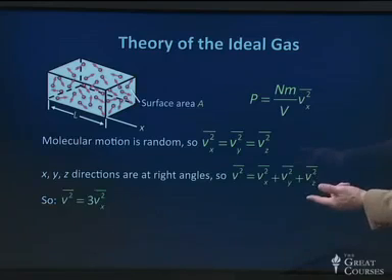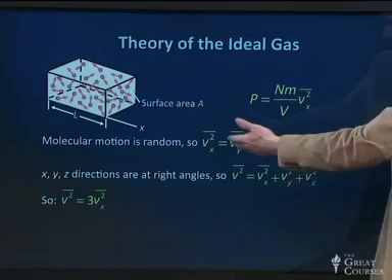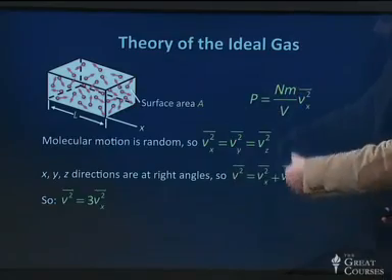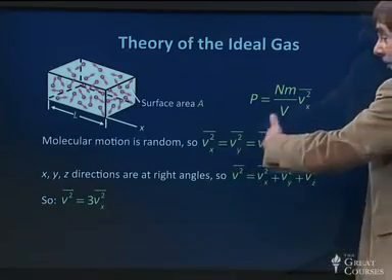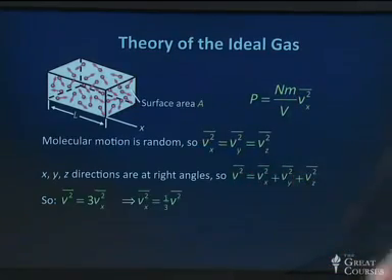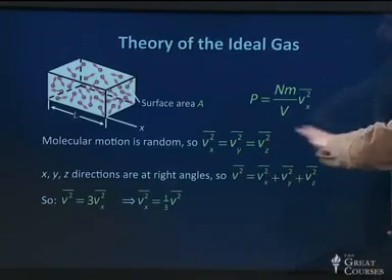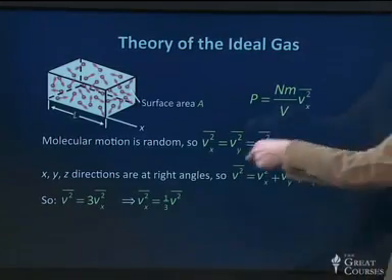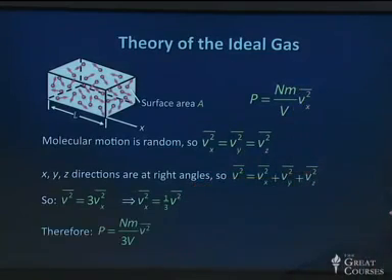And consequently, v squared is 3vx squared average, or 3vy squared average, or 3vz squared average, because they're all the same. Or equivalently, vx squared average is a third of the average total speed squared. And I'm going to take that result and put it in there. And then I get pressure is nm over 3V, times v squared.